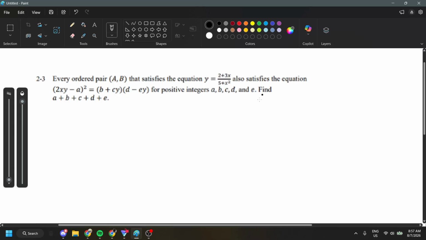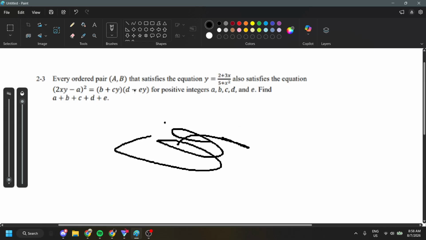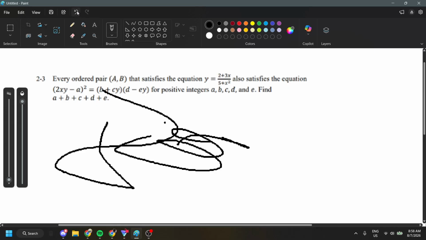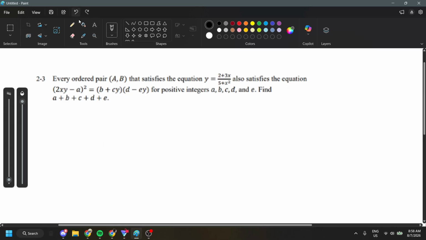We see that this is a rational function with the higher power on the bottom and the lower on top. So I think this is going to look... why don't we just put a number in for reference?